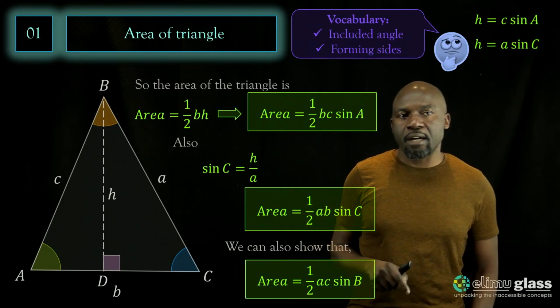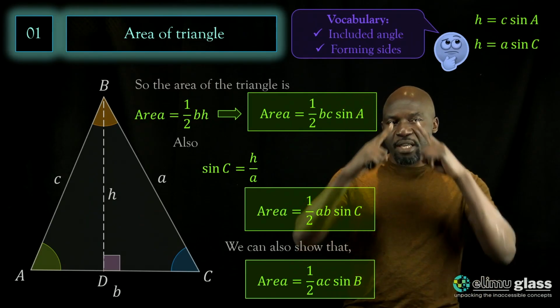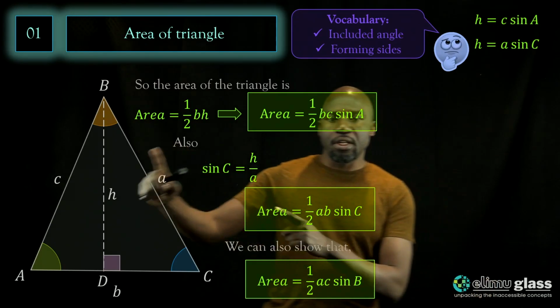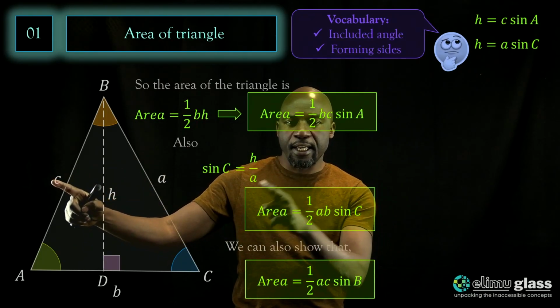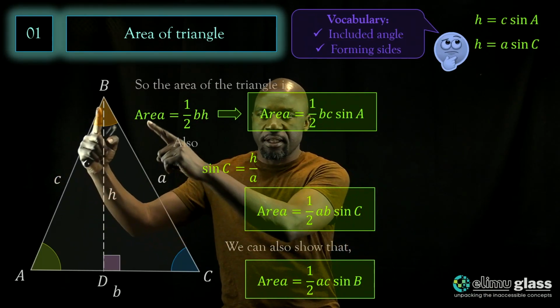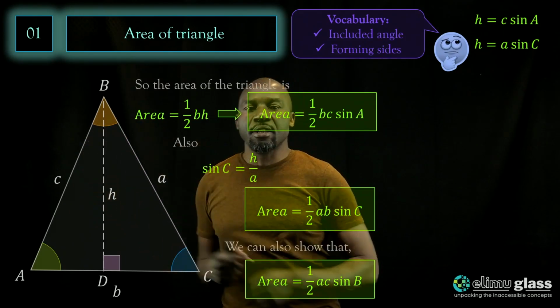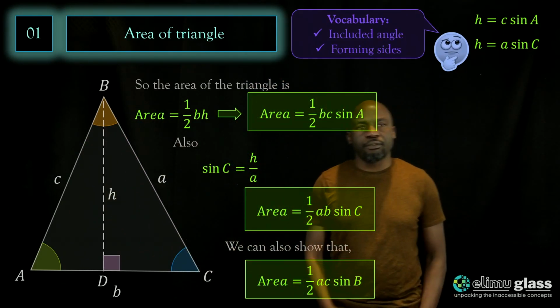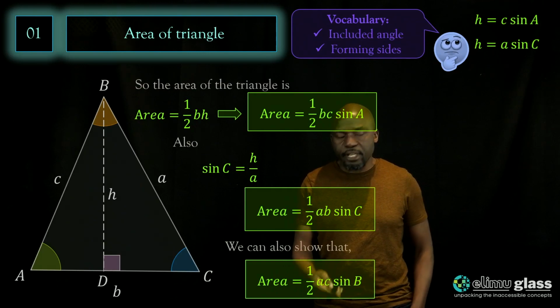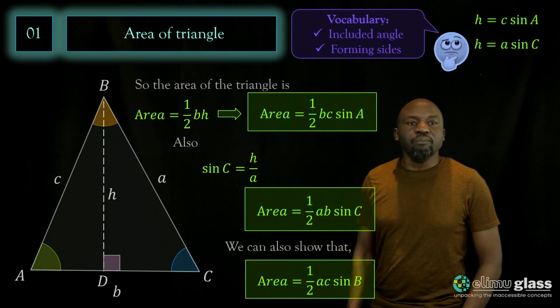The included angle is the angle made by the two forming sides. So forming sides C and A will give us the included angle B, and so on. That vocabulary, included angle and forming sides, is important.